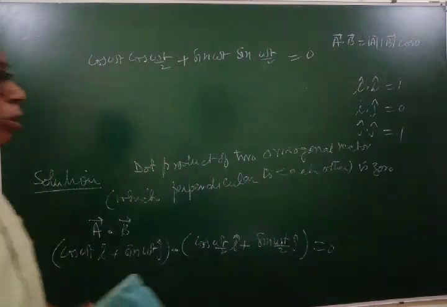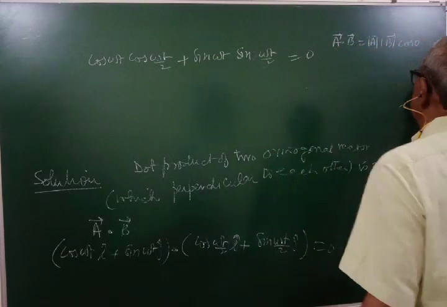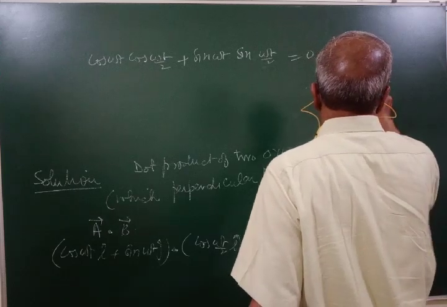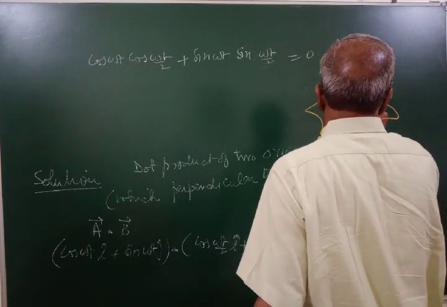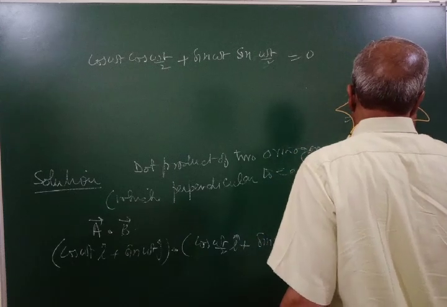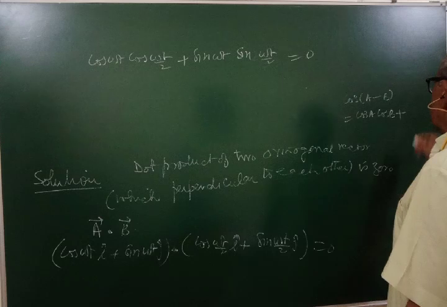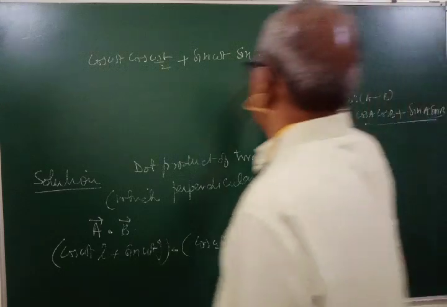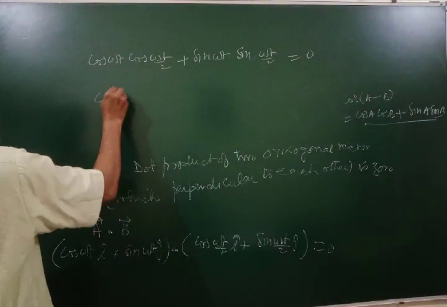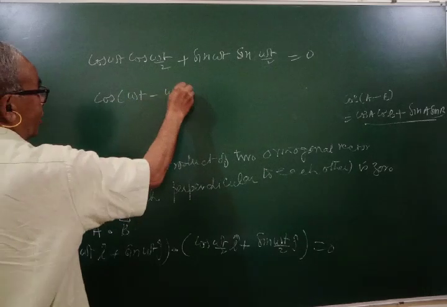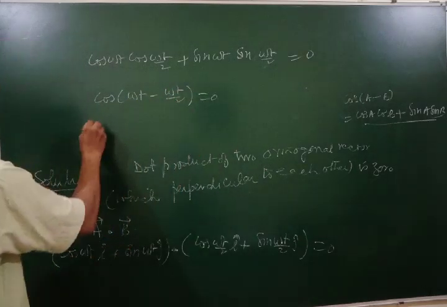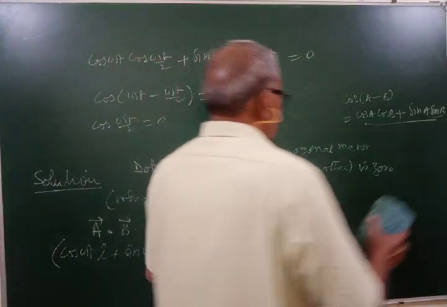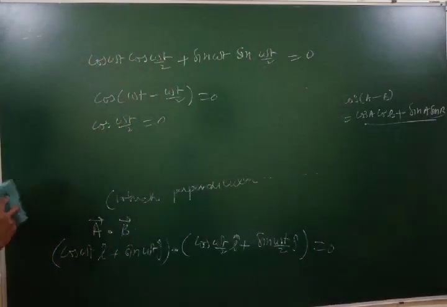In trigonometry there is the formula cos(A minus B) equal to cos A cos B plus sin A sin B. So now using this, you can write cos(omega t minus omega t by 2) equal to 0, or cos omega t by 2 equal to 0. If cos theta is 0, then how much is theta?